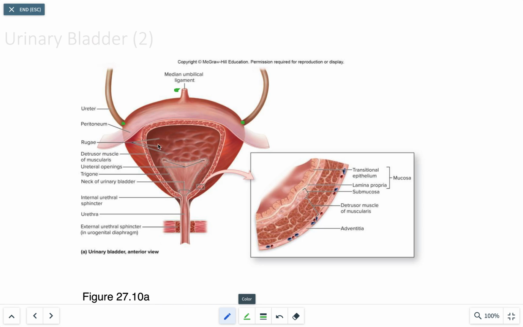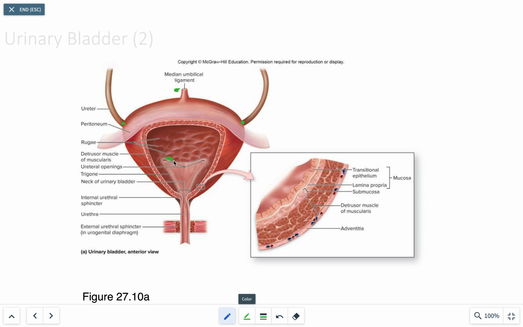And then deep inside, what we see is a series of rugae. These rugae are folds, very similar to the lumen of the ureter. It gives the urinary bladder the ability to stretch.